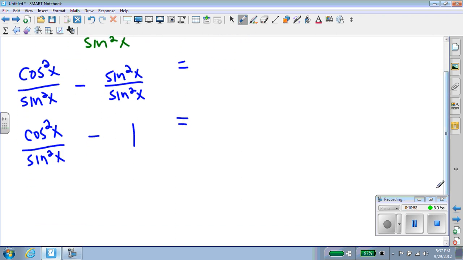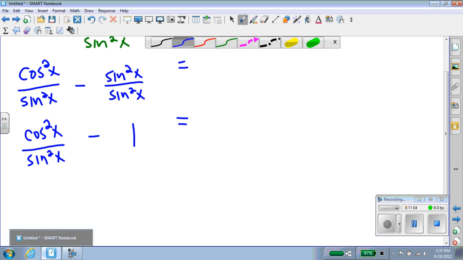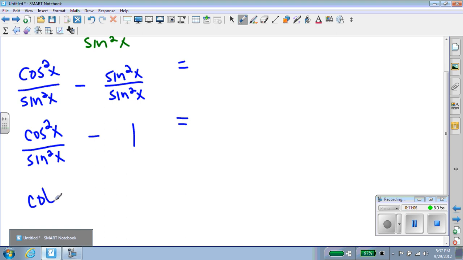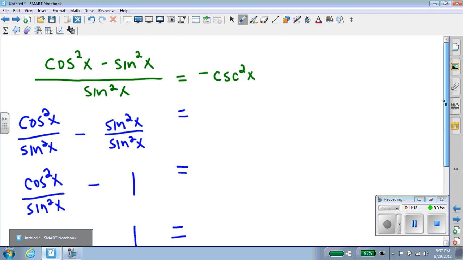Okay, now in the next step, I'm going to say that that is cotangent squared x. What in the world am I shooting for? Negative cosecant.